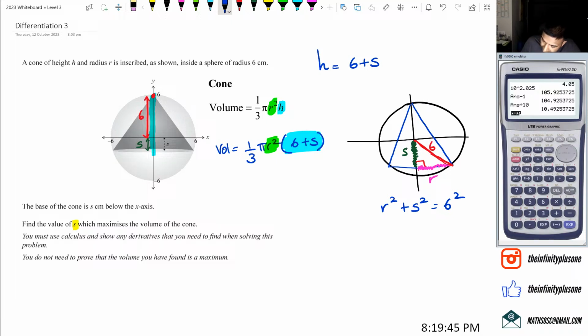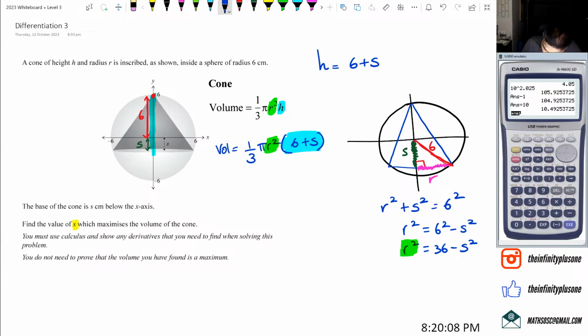So when that's done, I could write down r squared is equal to 6 squared minus s squared. So r squared is equal to 36 minus s squared. If you look at this, I've now got r in terms of s.